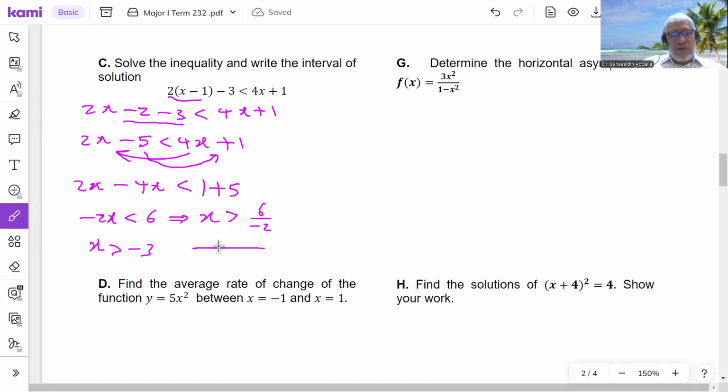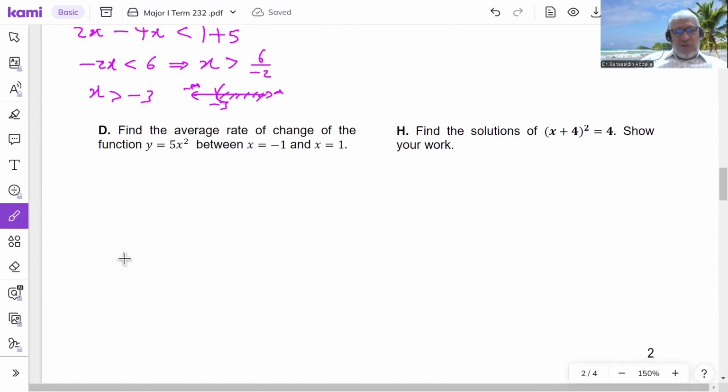Well, if negative 3 is here, and this is negative infinity, and this is infinity, x is greater than, so it is to the right of negative 3. So the answer of this inequality, x belongs to the interval from negative 3 to infinity open, okay? Because negative 3 is not included, x is greater than, there is no equality sign here.